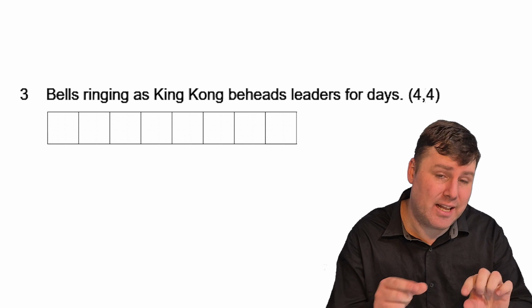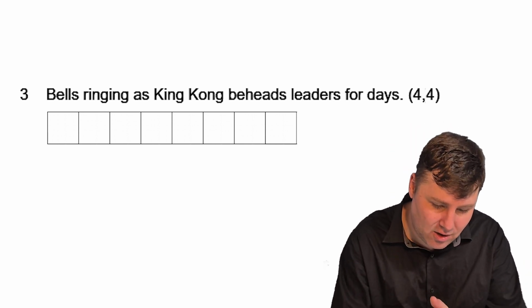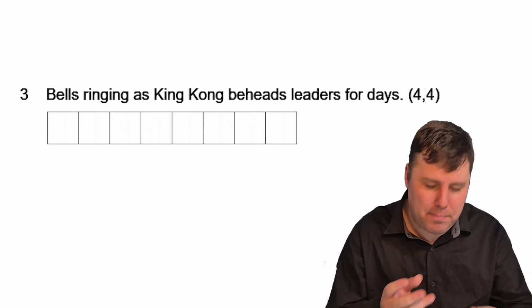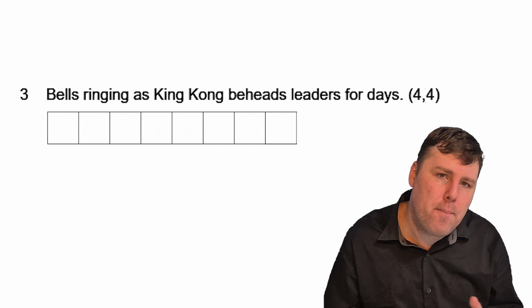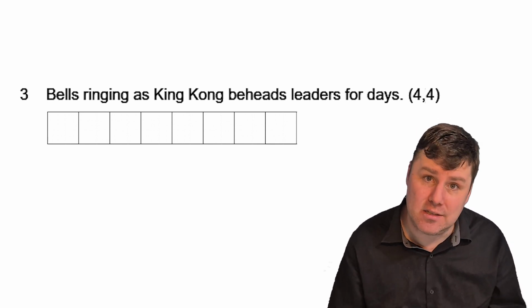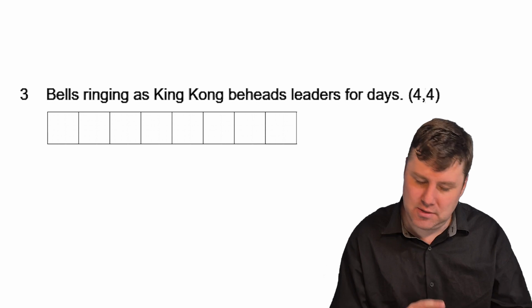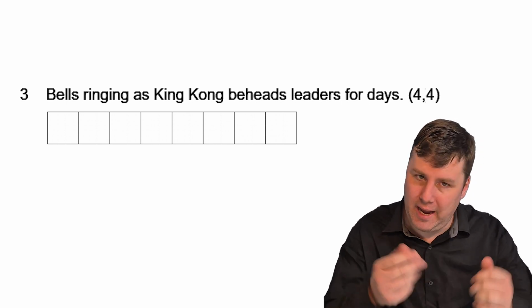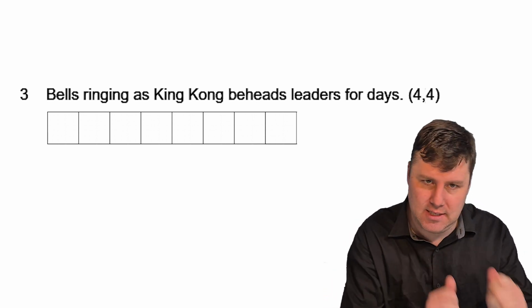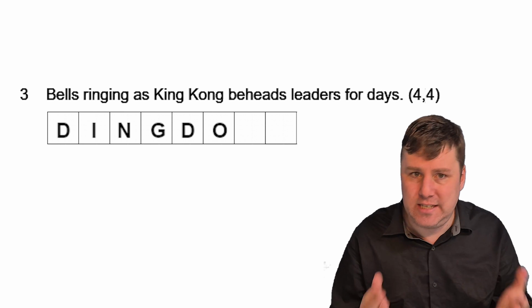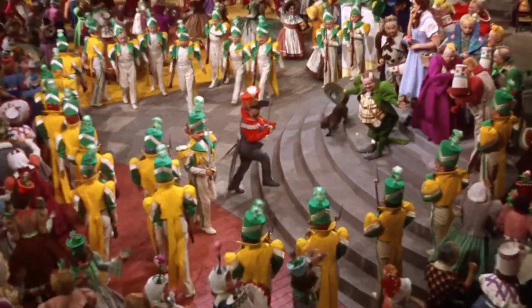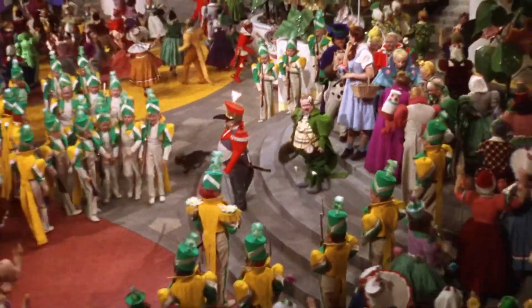So we're taking the leading letters off King Kong. And what are we replacing them with? King Kong beheads leaders for days. And the letter D often represents days. So instead of King Kong, we're beheading those leaders and replacing them with D's for ding dong. Ding dong, the witch is dead. Witch, oh witch, a wicked witch.